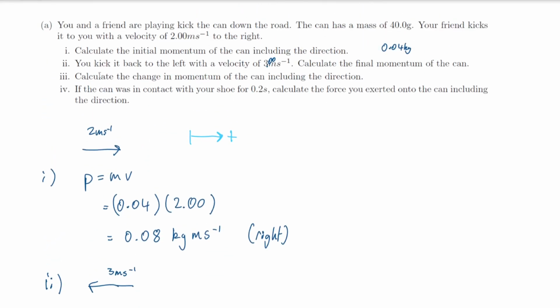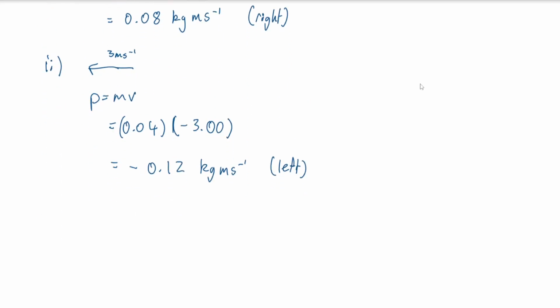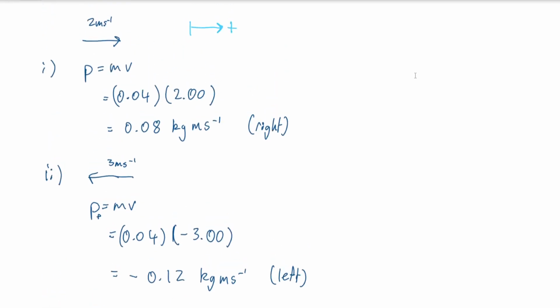Part 3. Calculate the change in momentum, including the direction. So change in momentum, delta P, is equal to the final momentum minus the initial momentum. And we worked out the final, and we worked out the initial. And we've already included the signs, right? Because they depend on the velocity.